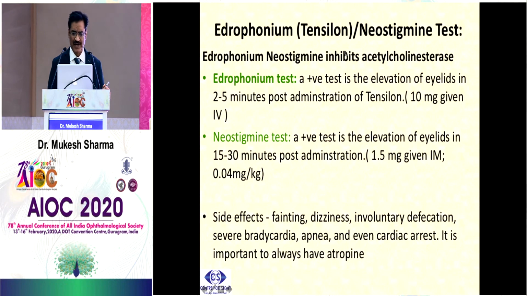Tensilon test, you inject tensilon or physostigmine, but in India it is not available. We do the neostigmine test. One important point is that the neostigmine test is done intramuscular while the tensilon test is done intravenous. So you must always remember this, and the maximum dose of neostigmine is 1.5 milligram. Sometimes people tell anesthetists to do the neostigmine test.